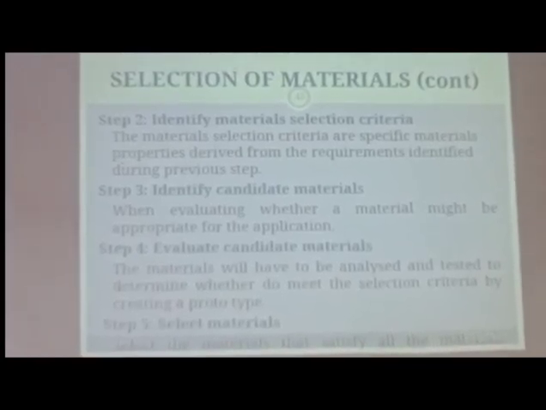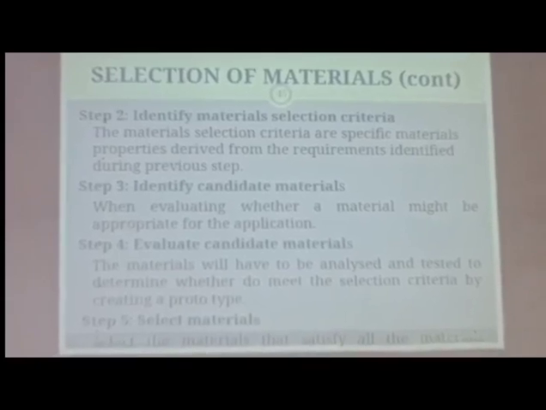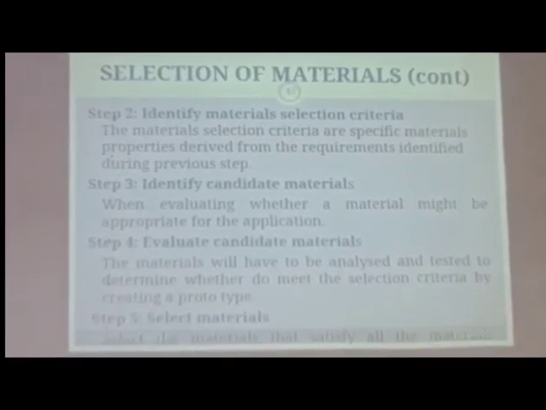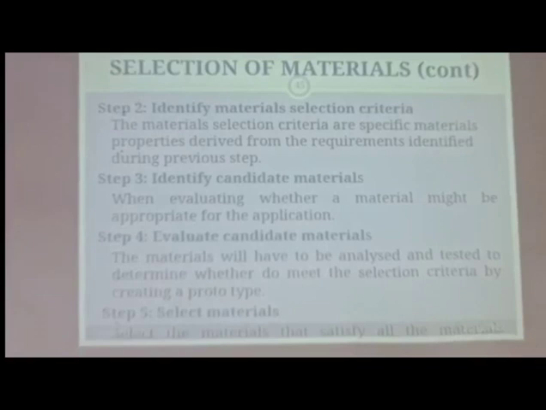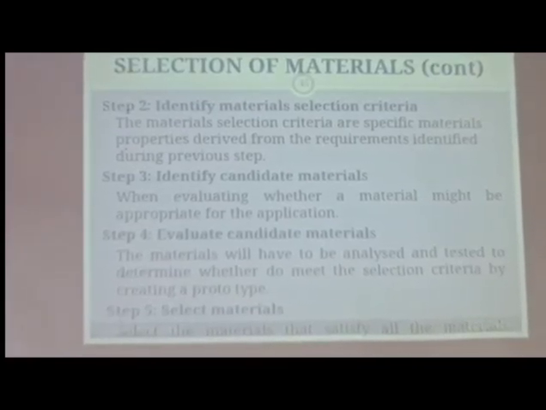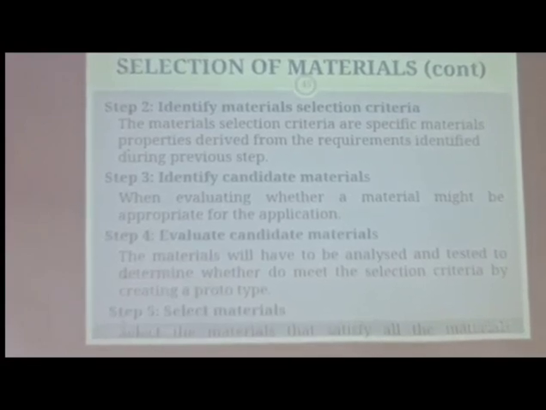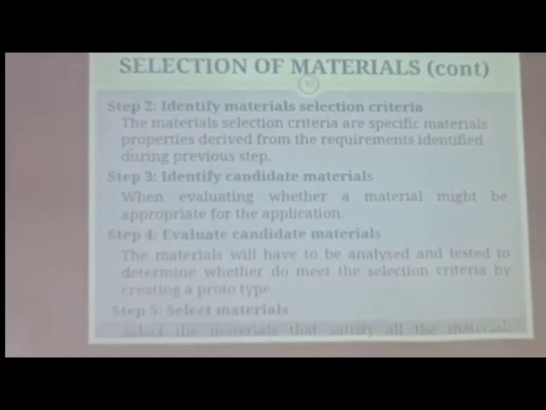Step number 4 is that, based on the criteria, we have to develop a prototype model. Before going to manufacturing, we have to make the prototype of the components, which is called a pilot.